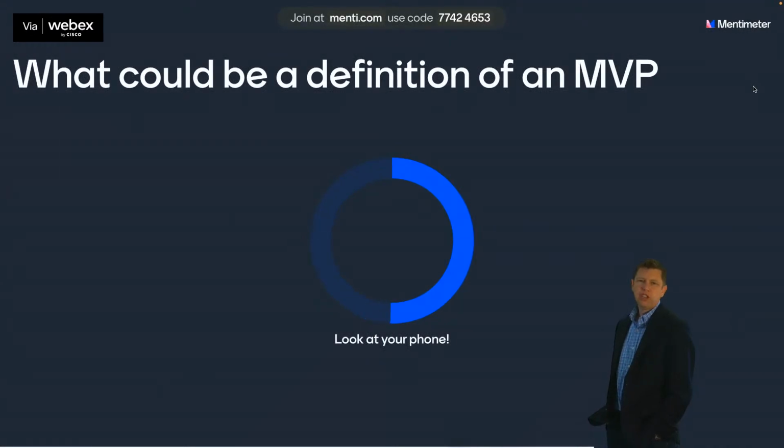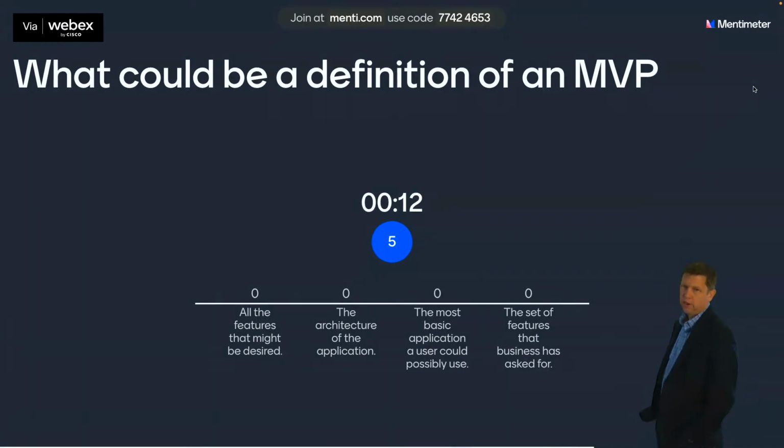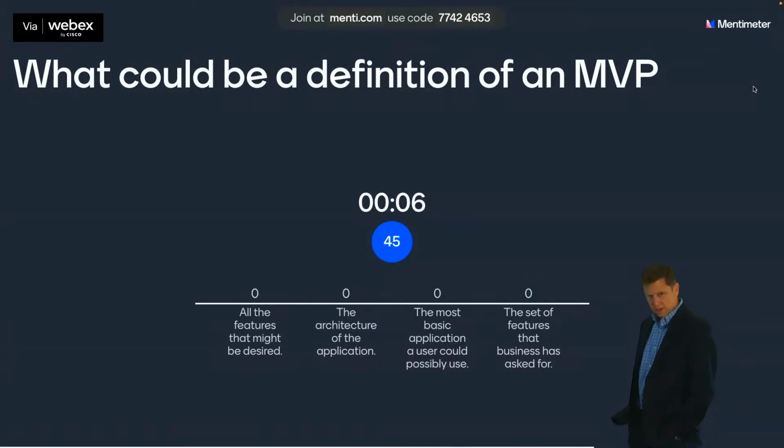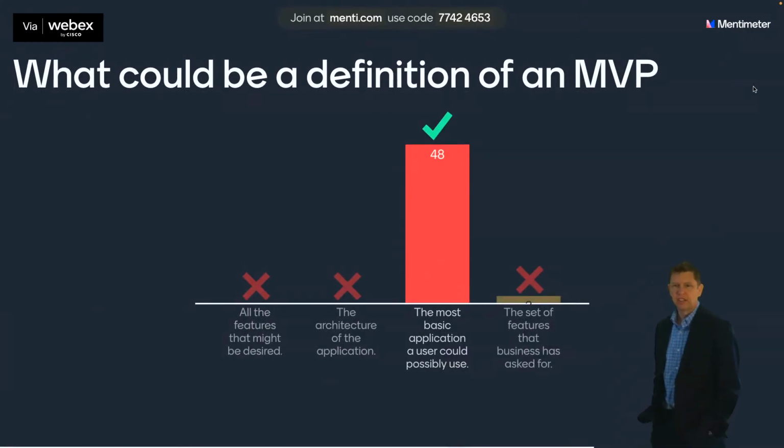What could be a definition of an MVP? So one of the definitions, all the features that might be desired. Is that a good definition of a minimal viable product? The architecture of the application, the most basic application a user could possibly use, or the set of features that business has asked for. It's the best definition. Yes, the most basic application a user could possibly use.